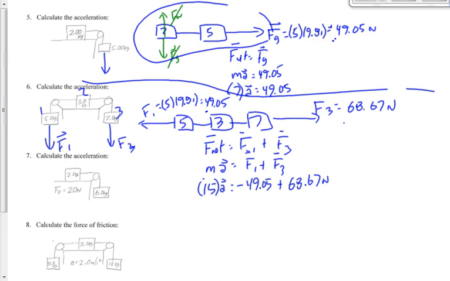So it's easiest just for me to make that one negative and that one positive. Same as up here, right? It was easy for me to make that one positive because it was drawn to the right, even though it's not really to the right. All right, add these together, divide by 15, and we get an acceleration there of 1.3 meters per second squared.